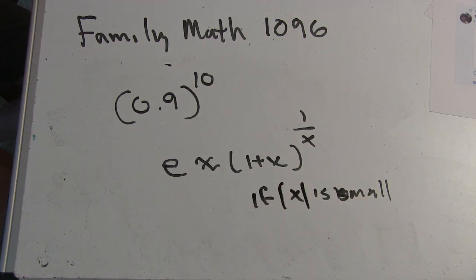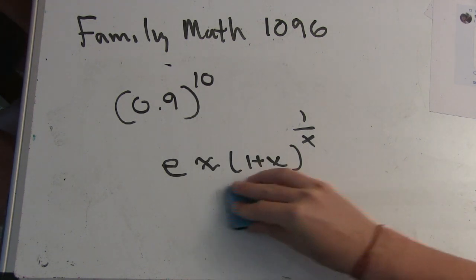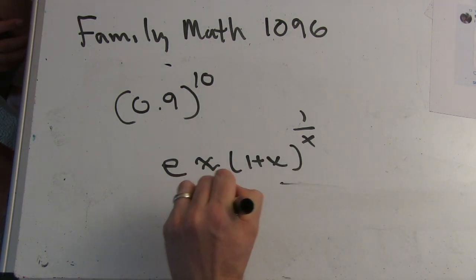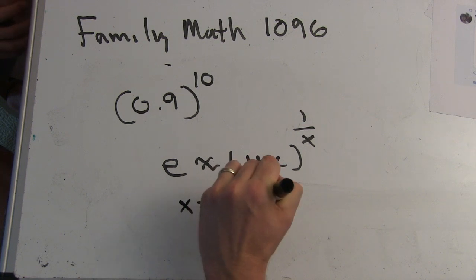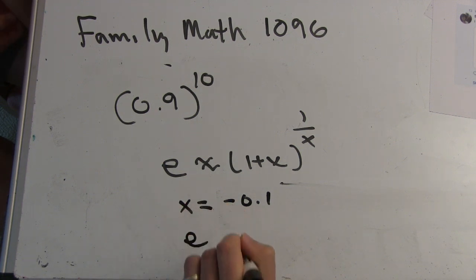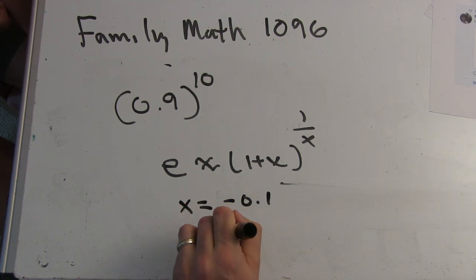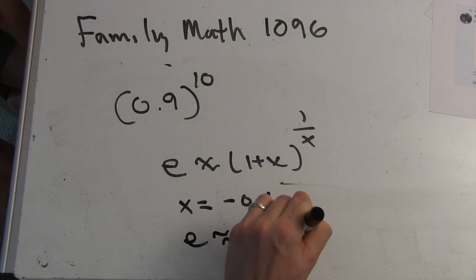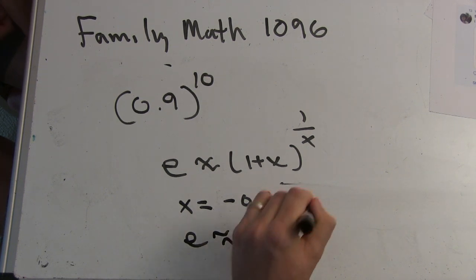Yeah, so if we say x is negative 0.1 here, then e is approximately 0.9 to the negative 10.